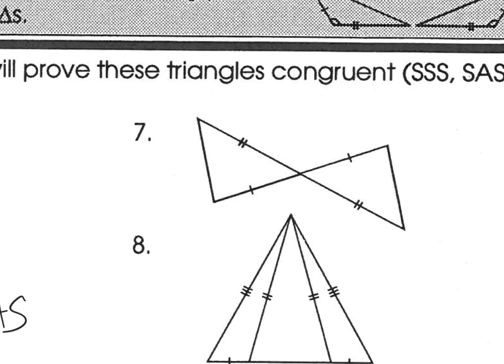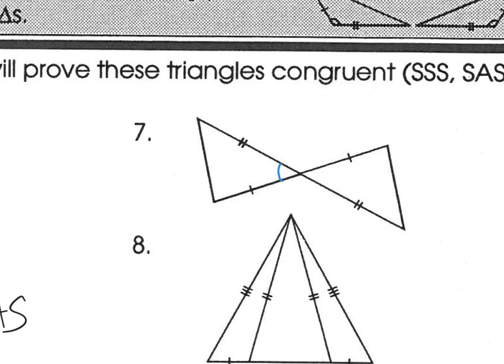Oh, here's the other thing that you always look for. We do know that this side is congruent to this side, and this side is congruent to this side. You don't necessarily know anything about the other side, or at least I can't tell anything about it. But we have an angle here. These angles are vertical angles, and the vertical angles theorem said that all vertical angles are congruent.